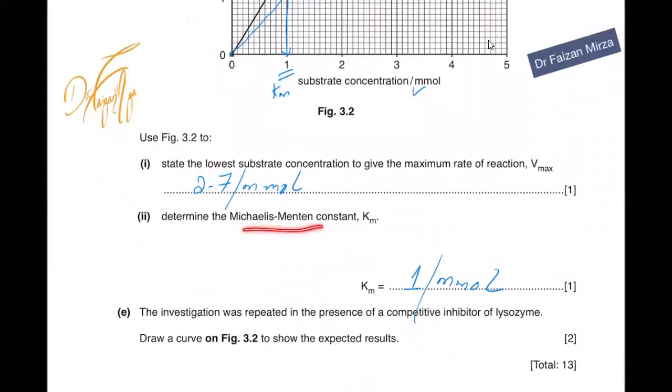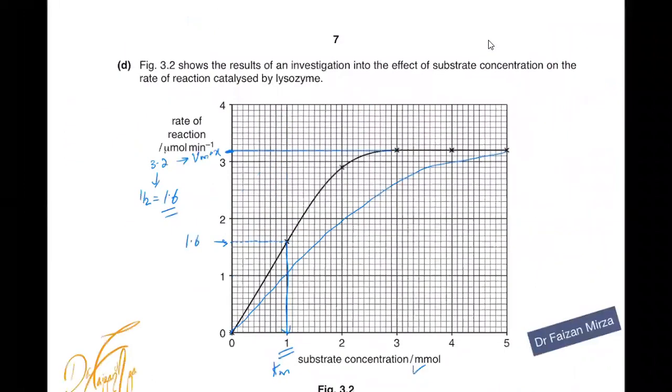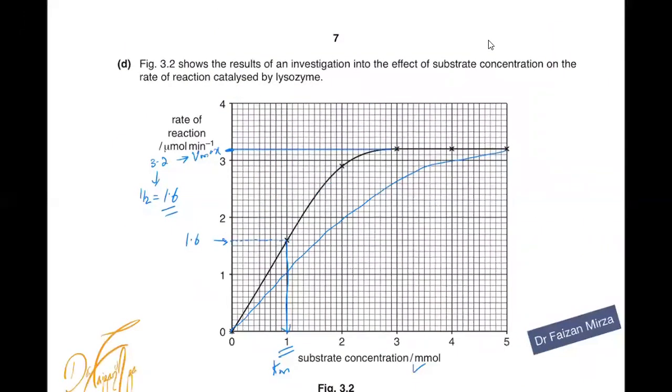Then they're asking for the Michaelis-Menten constant. How will that be calculated? For that, we need to find out what the Vmax is. So the Vmax, we'll look at the graph and read it off. This is 3.2, so Vmax is 3.2. What will be half Vmax? Half of 3.2 is 1.6.